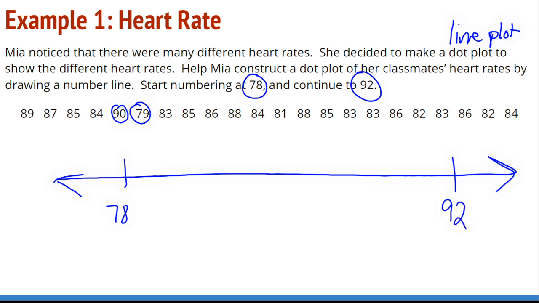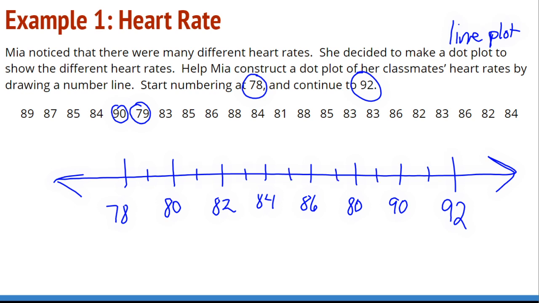And on my number line, I am going to count each one of the numbers. Or what I could do is I could count by 2s. 78, 80, 82, 84, 86, 88, and 90. Now, by counting by 2s, I have left a spot for the numbers that are in between.